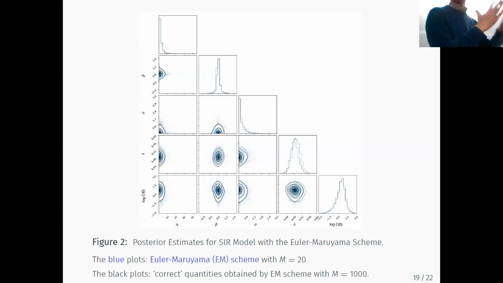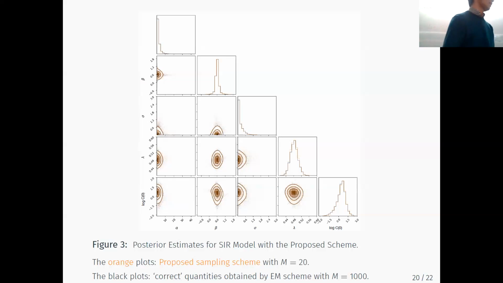This is actually the bias. In the case of black, we almost eliminate the bias by setting such a large number of imputations. However, in the case of blue, 20 imputations is not enough to eliminate the bias. So this is the case of the Euler-Maruyama scheme.